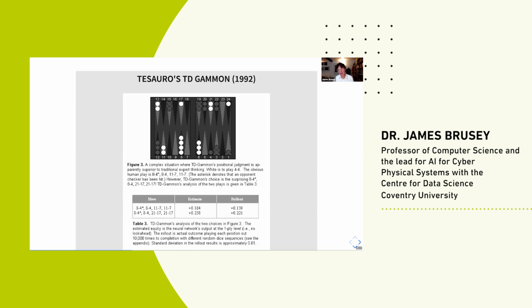But the summary would be that backgammon is simple enough, it has such characteristics that it actually worked really well for neural networks. And one of the nice things about this particular game and Tesauro's solution was that it suggested different ways of playing the game that were not thought of by expert players.